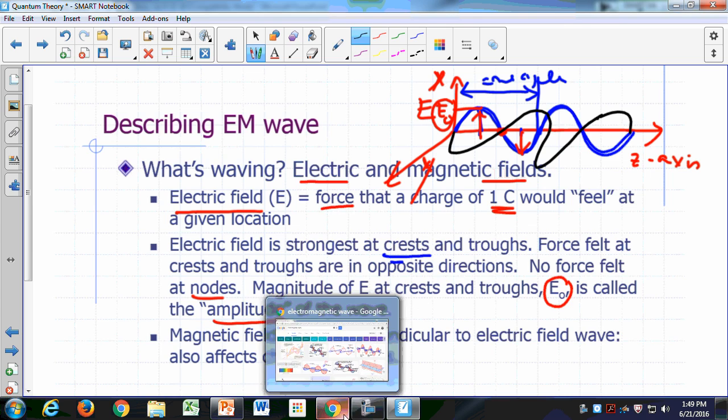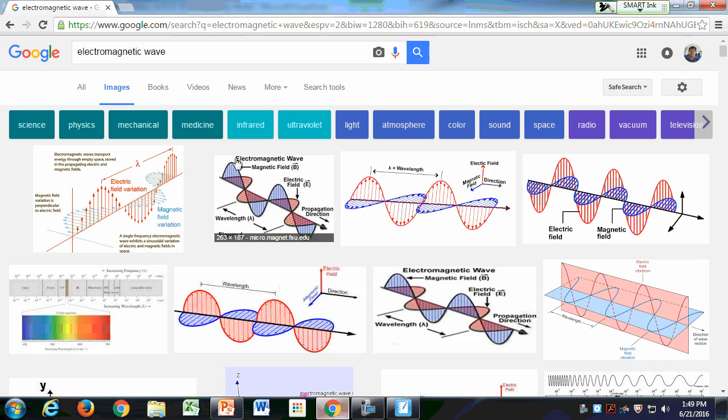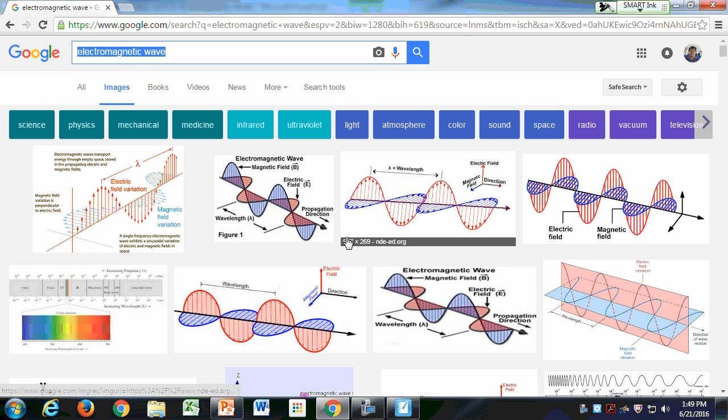Let me show you a picture that illustrates that. If you do a Google search for electromagnetic wave, just click on images. These are examples of pictures that illustrate what these waves are. Here you have your red arrows representing the magnitude of the electric field at various locations. You can see there's a pattern. It goes up and down and up and down.